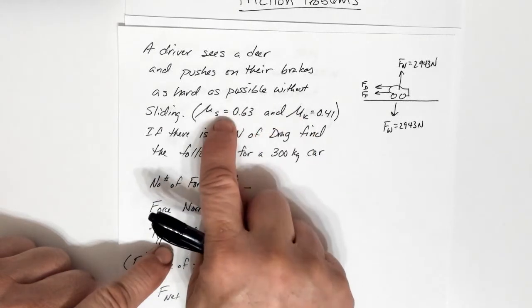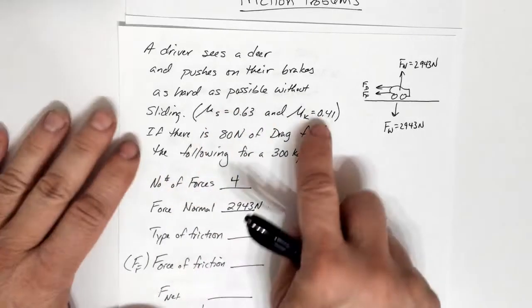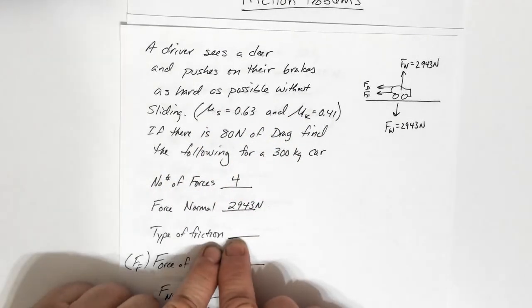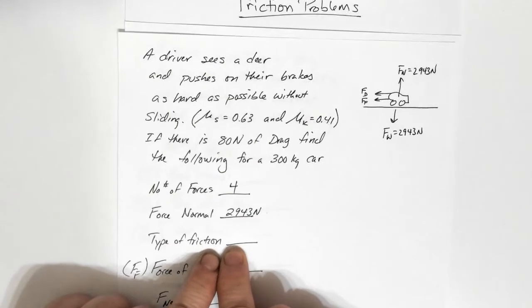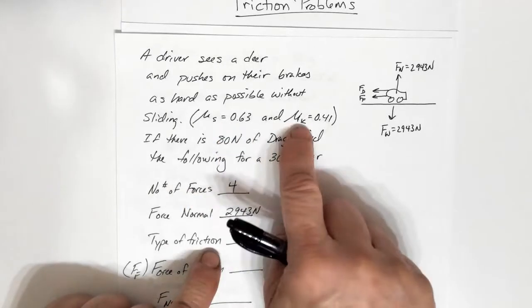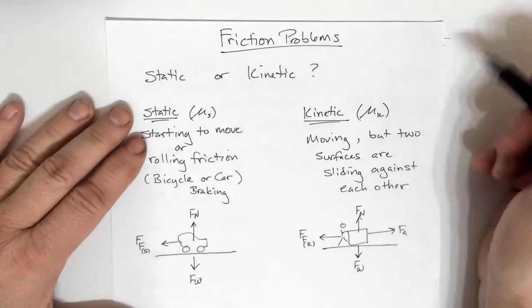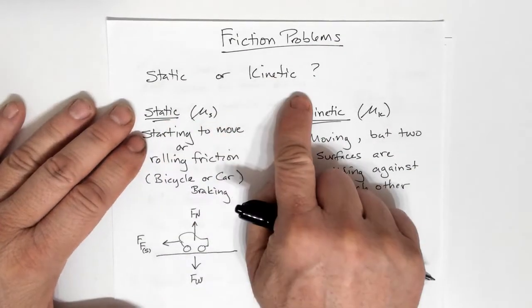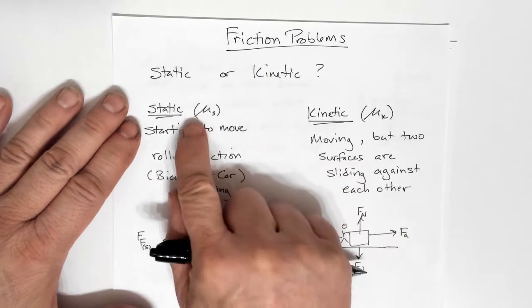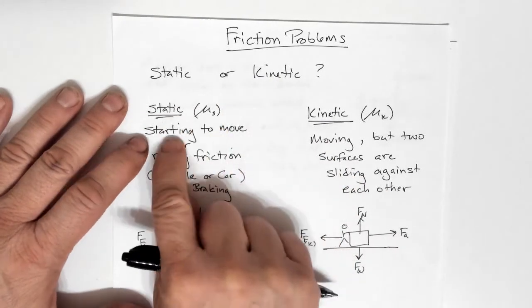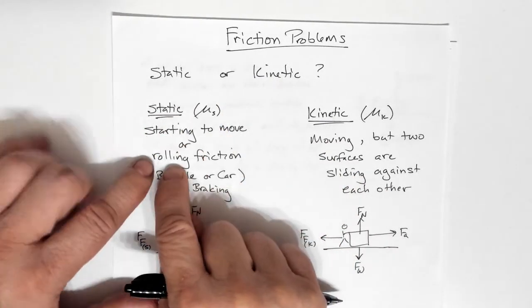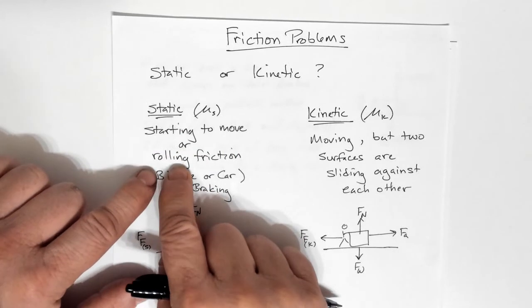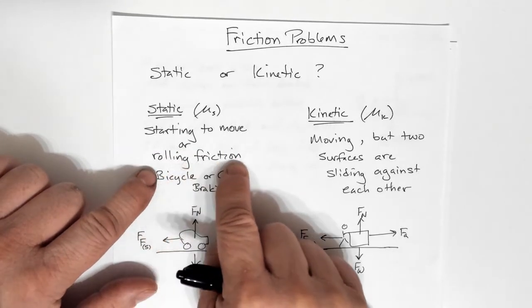Okay, static means it's starting, but before I go and show you this and why I'm going to pick the one I'm going to, I want to give you a quick discussion about the two different kinds. Okay, in these problems you're going to have to decide which one to use. Should I use the static or the kinetic number? Okay, use the static number if you're starting to move or if an object is braking but the tires are still rolling forward.